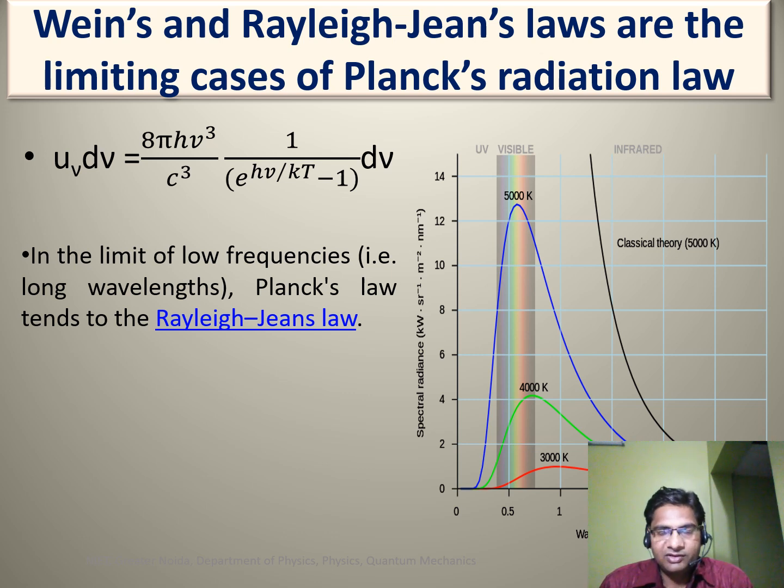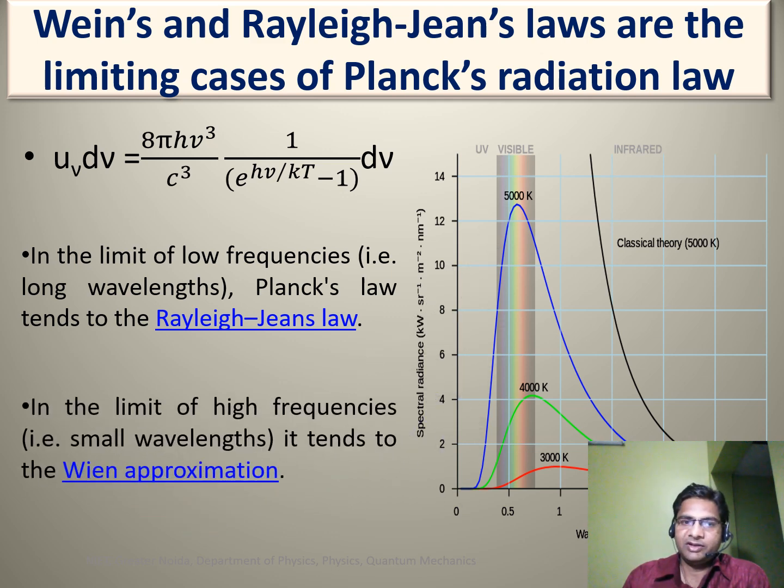When we set this limit in Planck's radiation law, the Rayleigh-Jeans law is derived. In the same manner, Wien's law explains the left part of the spectrum, for lower wavelengths. Whenever we put the condition of a smaller wavelength in Planck's radiation law, we find Wien's law. So this is how Planck's radiation law completely explains the blackbody radiation spectrum.